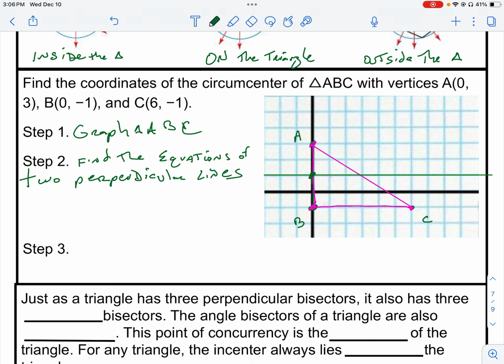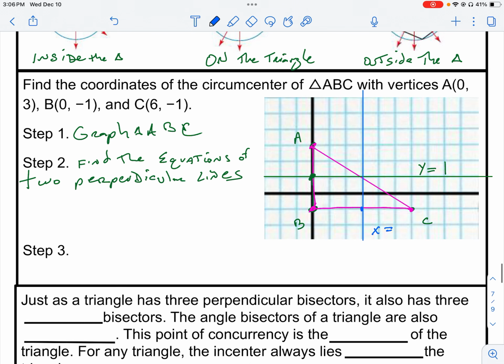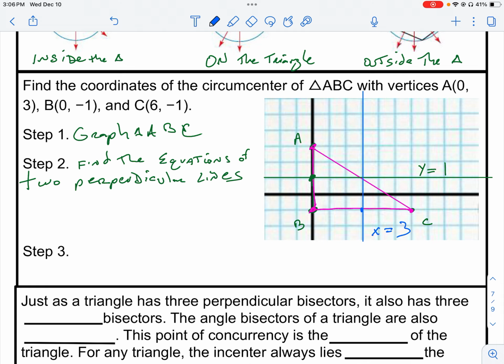So the equation of this line is where y equals 1. Then I'm going to find the center of BC. So right here is the perpendicular bisector of BC, and it is where x equals 3.